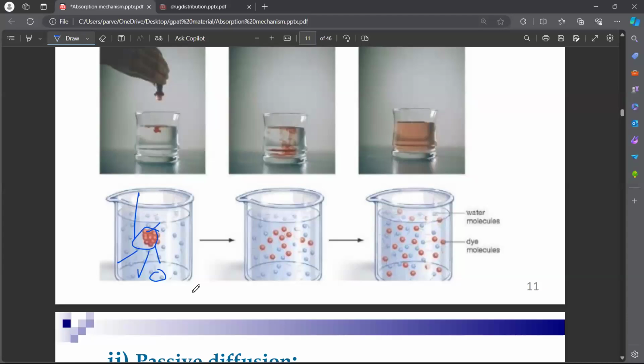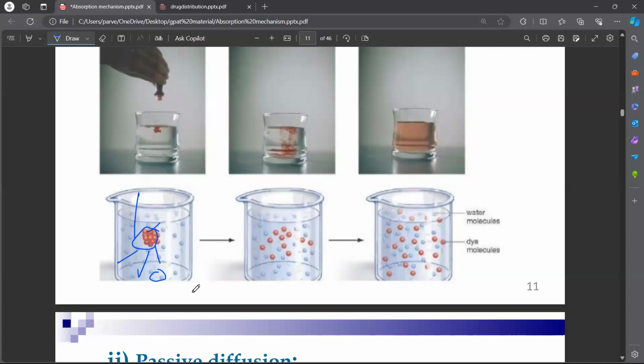Guys, during diffusion in the GIT, whenever drug absorption occurs, is the equilibrium maintained? Think about it, because passive diffusion stops whenever equilibrium is attained. Yes, great.